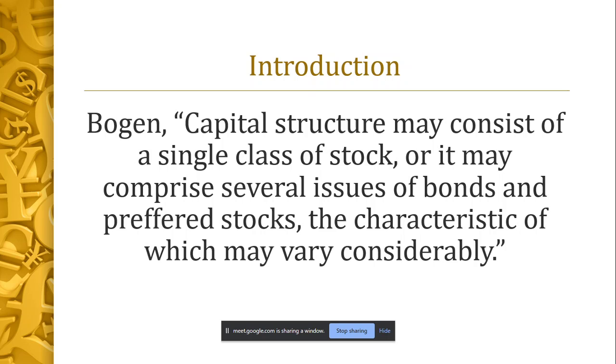I quote, capital structure may consist of a single class of stock or it may comprise several issues of bonds and preferred stocks, the characteristics of which may vary considerably.